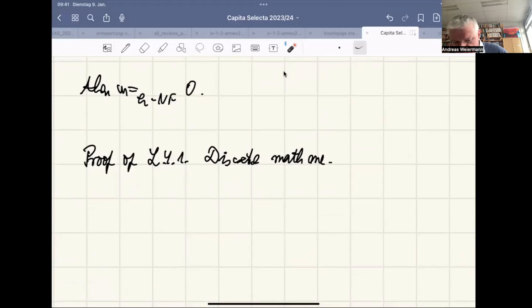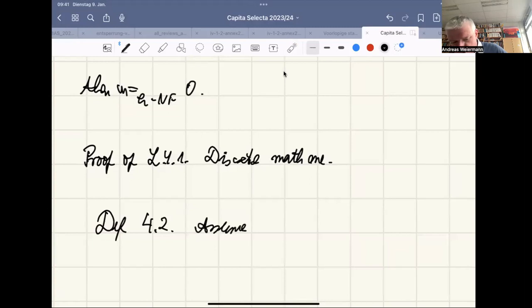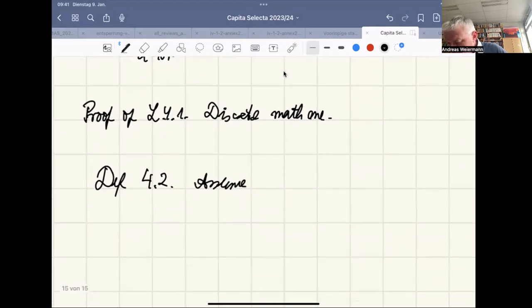And this is used now to define the base change operation. Definition 4.2. So assume, what? We assume m is not 0. m has k normal form k to the r times p plus q. Now we replace in m every occurrence of base k by a new base k plus 1.